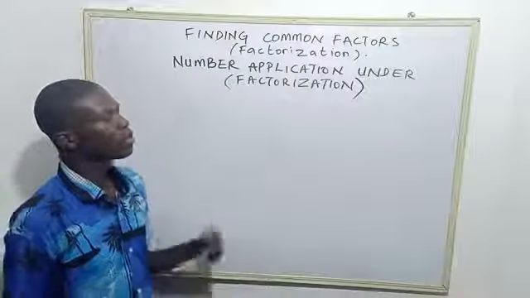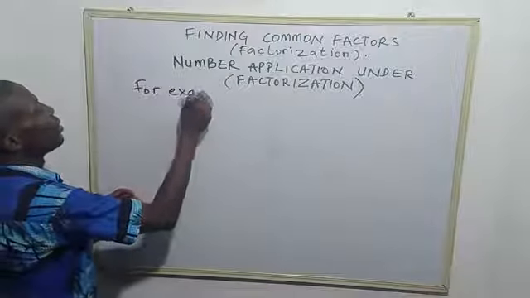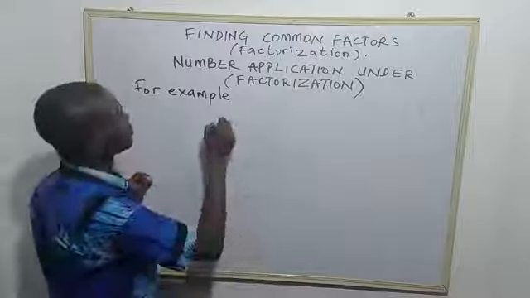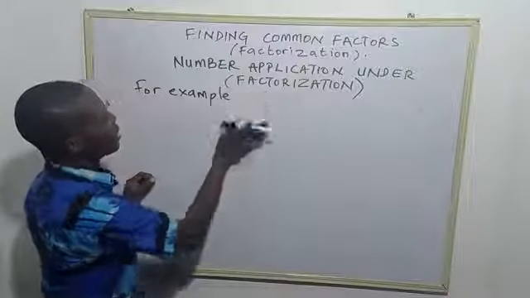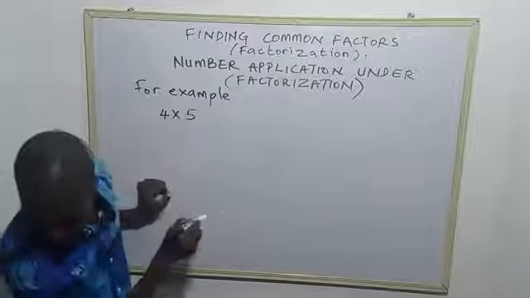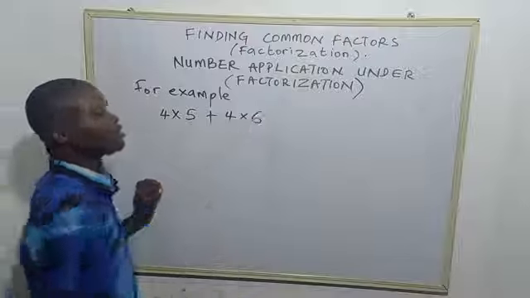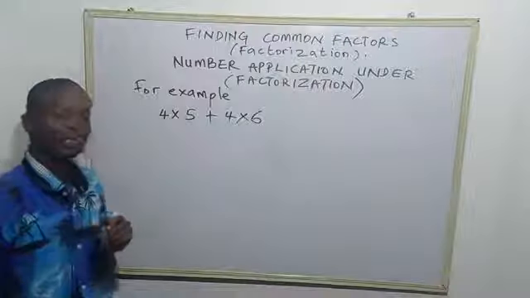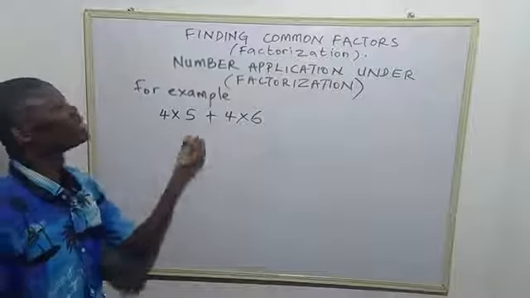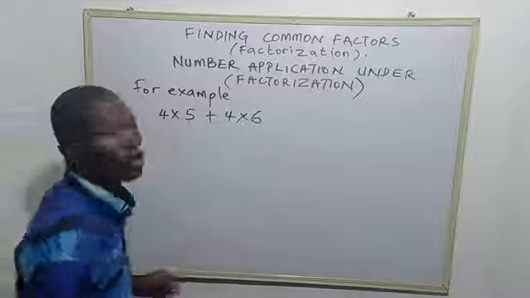If you have a question like, for example, 4 times 5 plus 4 times 6, and you want to use the factorization method to solve it, of course, you look for what is common there.